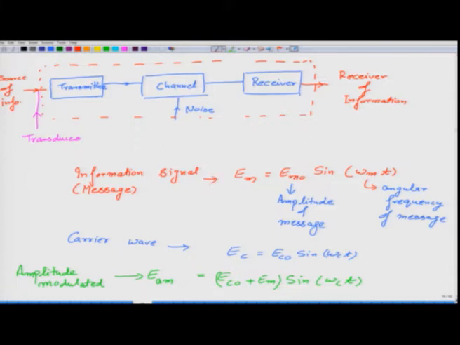And we also saw that the resultant amplitude modulated wave has three frequencies. One is omega c, that was our original carrier frequency.